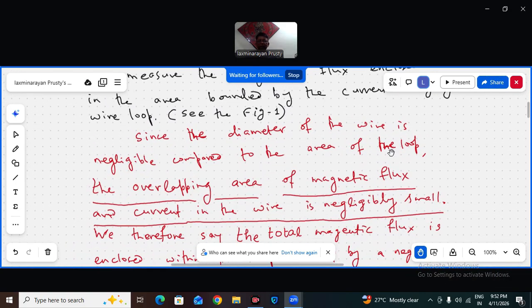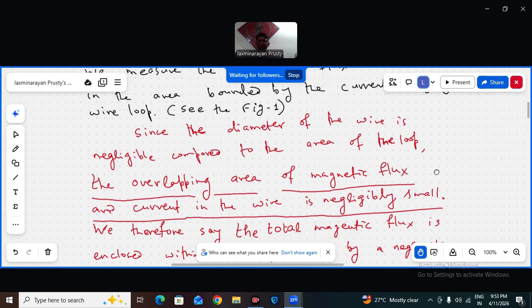That's what I am saying. The area of overlap between the magnetic flux and the current in the wire is negligibly small. So the magnetic flux region and current region have negligibly small overlapping area.